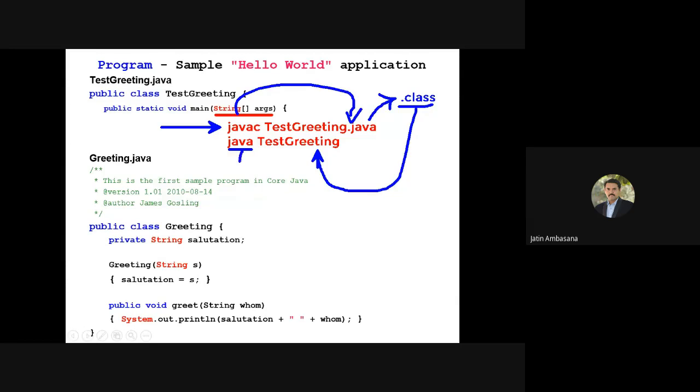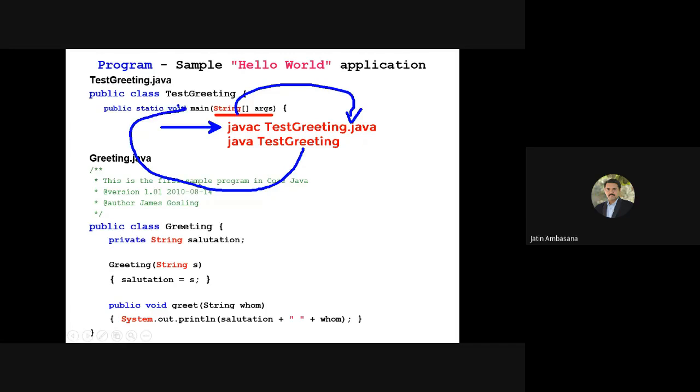So this will invoke the Java interpreter, which will access this class file and run that class file. Okay. So when we say java test greeting, what will it do? It will directly access this main method. It will run this main method of this test greeting class. Who will run that? This Java interpreter. Okay.